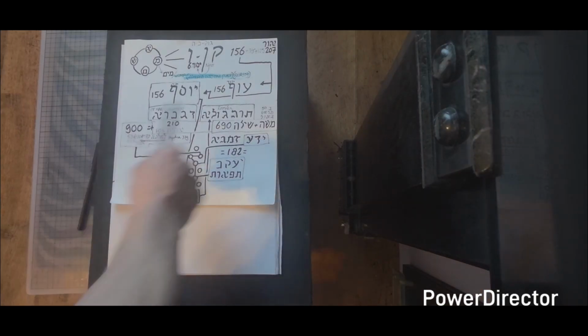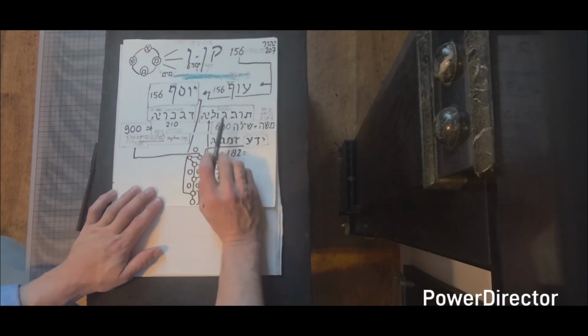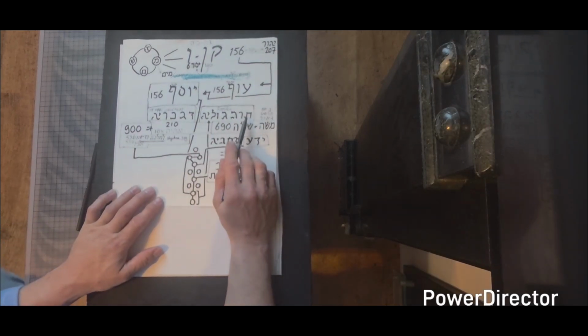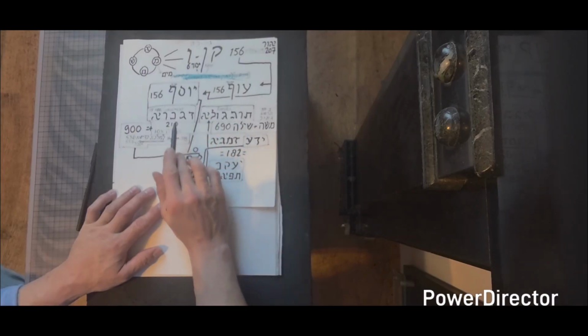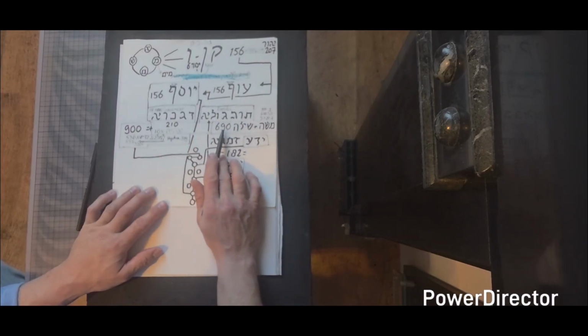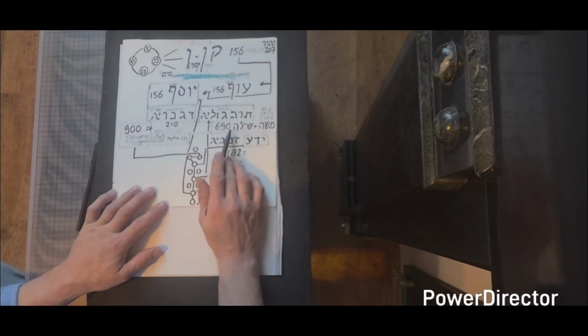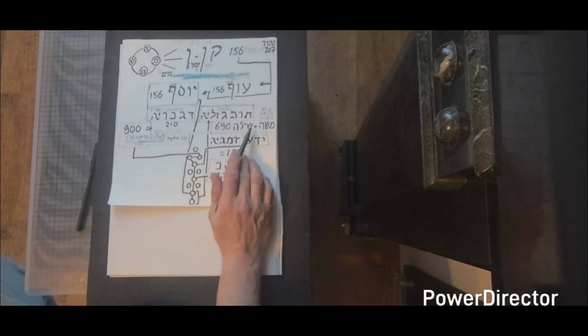So we had Oiv, 156, we had Netzach Yisod here also. So, here's the word Aramaic for rooster, Tarnegula. The value of Tarnegula is 690, which is 2 times Moshe, or Moshe and Shiloh, because Shiloh is also 345.